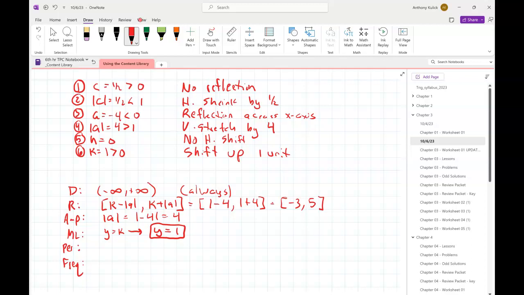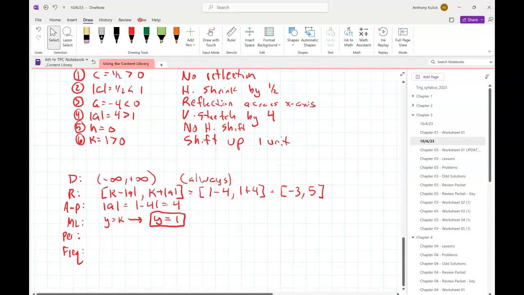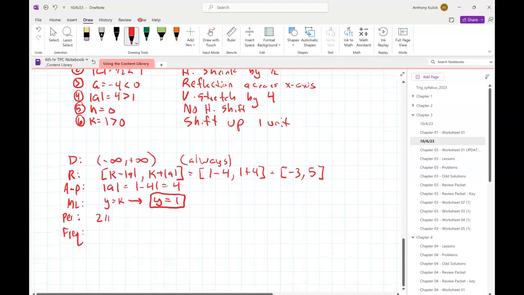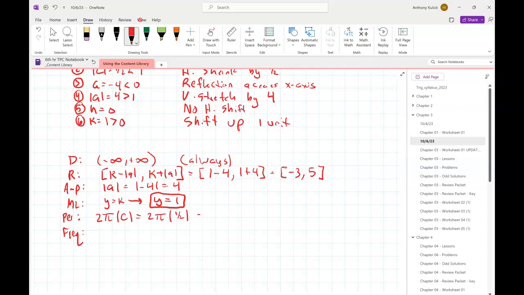Anyways, the period is 2 pi times the absolute value of C. The C in our case is 1/2. So 2 pi times 1/2 is just pi. And the frequency is just always 1 over the period. So just 1 over pi.